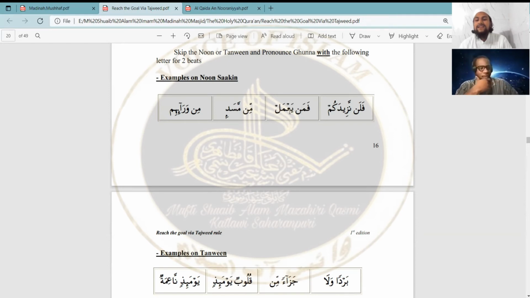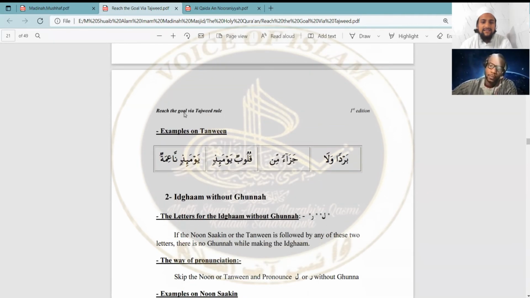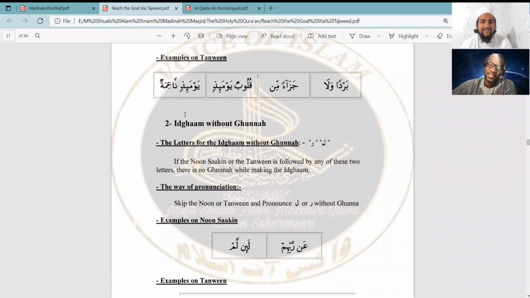So there is shadda written on ya, and then mim after nun sakin, then waw after nun sakin. Got it? This is yanmu: ya, nun, mim, waw. All the four examples you have on the screen. Easy?